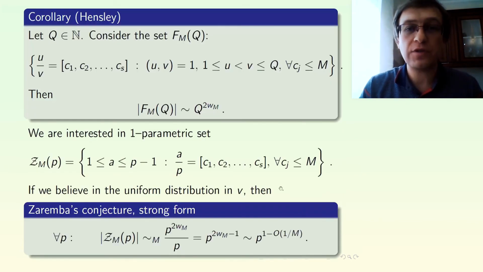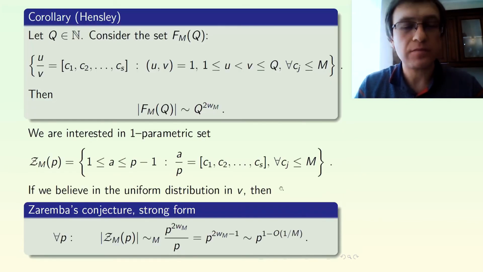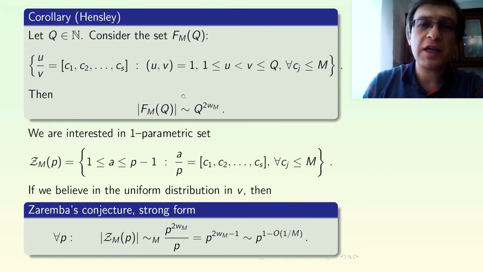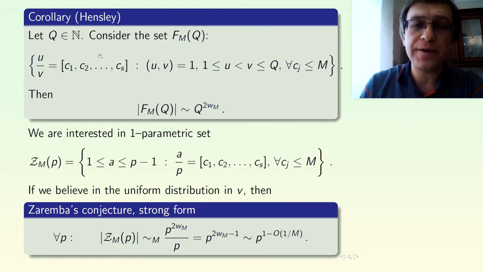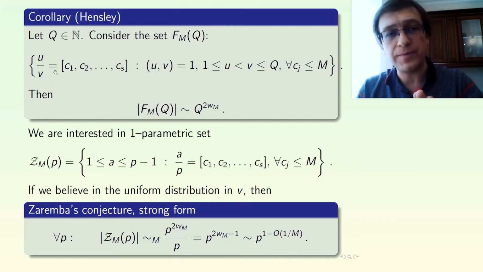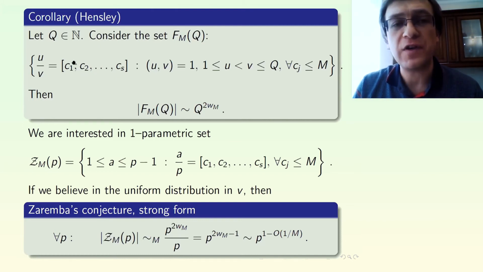Okay, so what was the intuition of Hensley's hypothesis? He considered the following finite set, so it's not an infinite continued fraction, but a finite one.